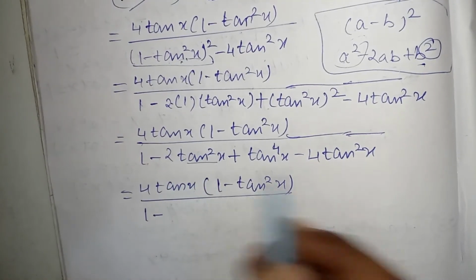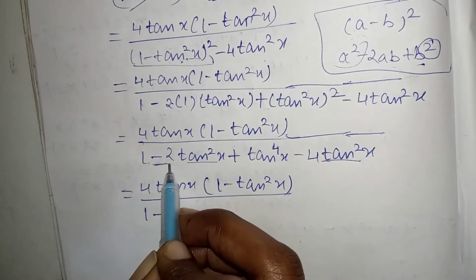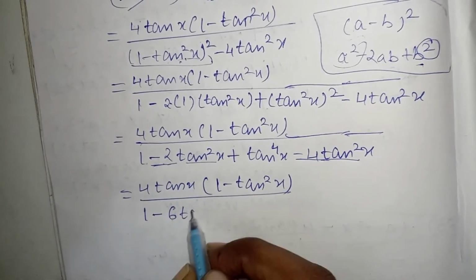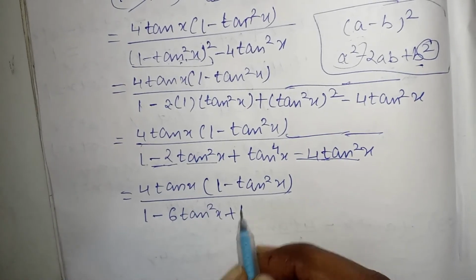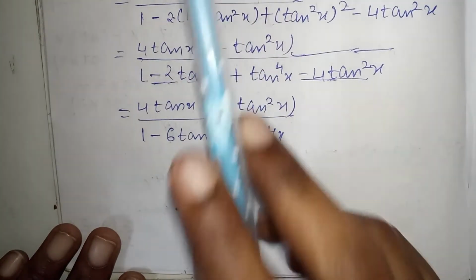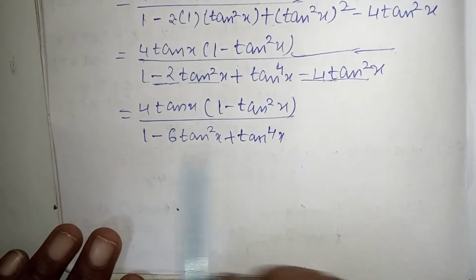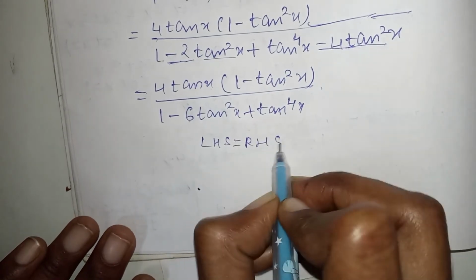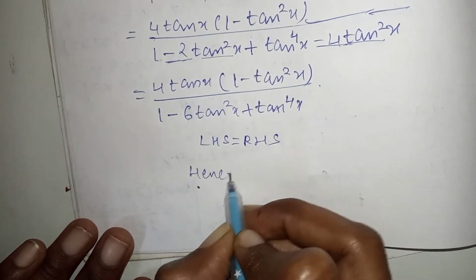So tan square x same are there. So minus 2 minus 4 is minus 6. So again tan square x same as it is. So tan power 4x. So what they have said, tan 4x, we have to prove it as this. So we got it. So left hand side is equal to right hand side. Hence verified.